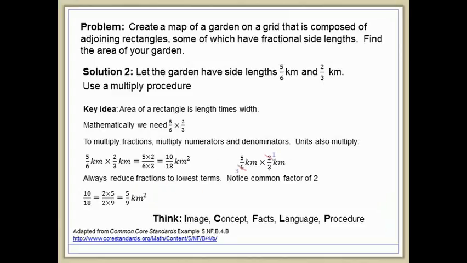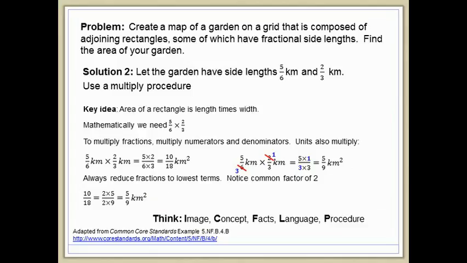So we do that by noticing that 2 goes into 2 once, 2 goes into 6 3 times, and we're essentially changing the 6 to a 3 and the 2 to a 1. And now, when we multiply straight across, we get 5 times 1 and 3 times 3, which is 5/9 square kilometers, and we get our reduced fraction without having to reduce it at the end.